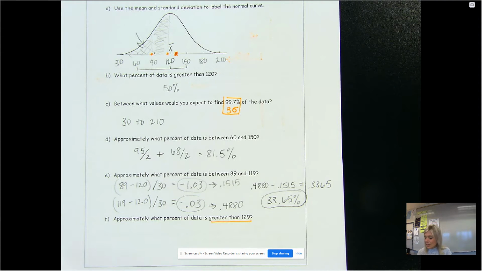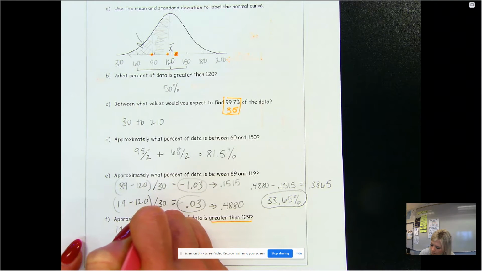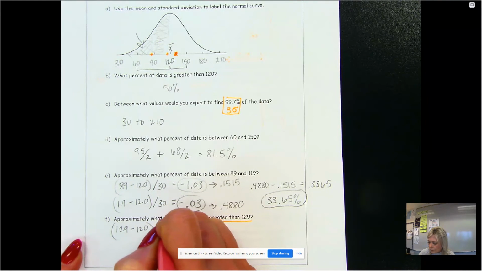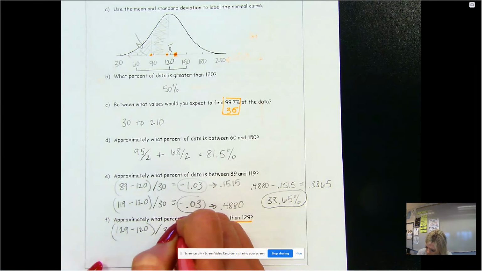Okay, so z-score comes first. So 129 minus the mean divided by the standard deviation. So 129 minus 120 is, sorry, 9, and then divide by 30 is 0.3.